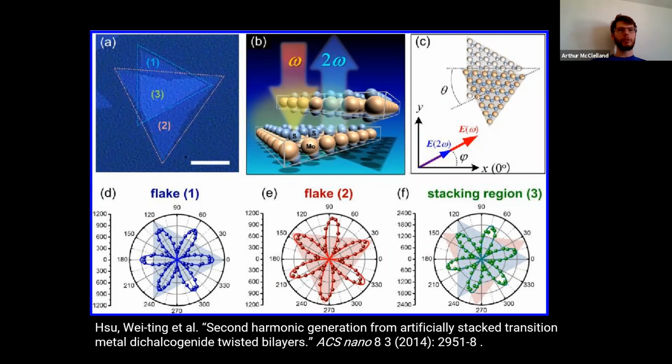And so if you're going to stack your crystals at certain twist angles, and they don't have a clear crystal orientation just by the shape of the flake, doing polarized second harmonic generation and plotting the intensity as a function of angle lets you figure out what the crystal orientation is, and then you can move to stacking them with certain twist angles.